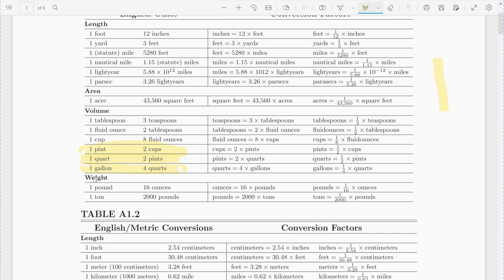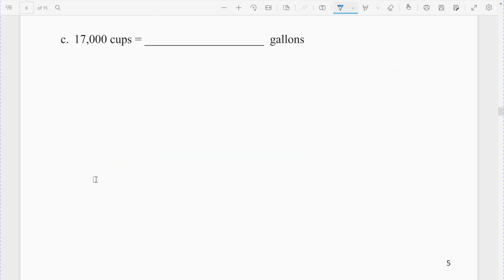So I'm going to write those on my sheet of paper that I had. The conversions that I want to use in this case: I know that 1 pint equals 2 cups. 1 quart is equal to 2 pints.